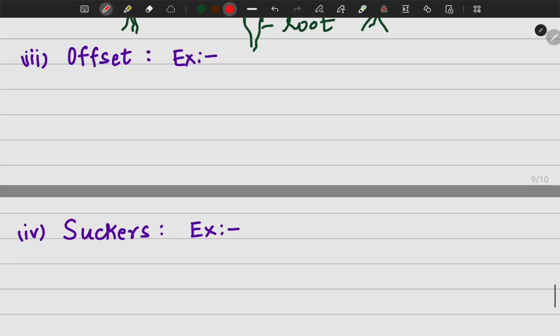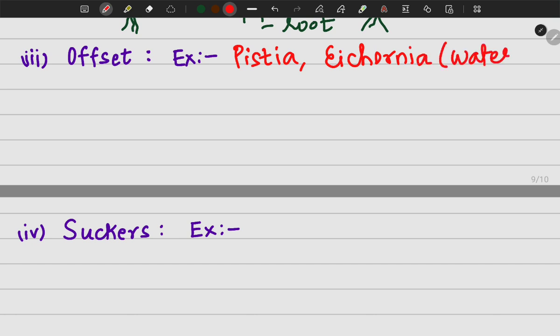Next example is the offset, which is found in pistia and Eichhornia, or water hyacinth. Now, what is an offset? An offset is actually a very short stem having short internodes.